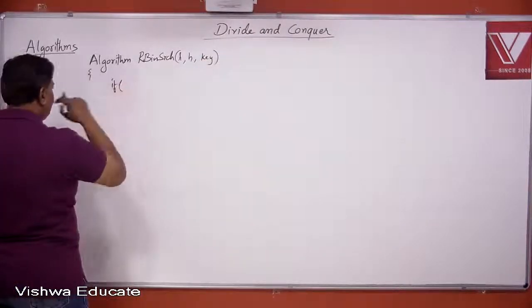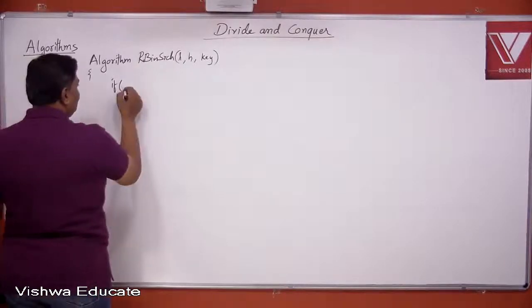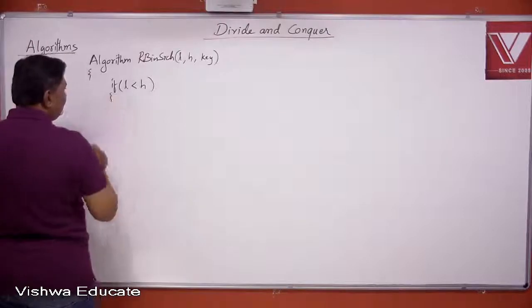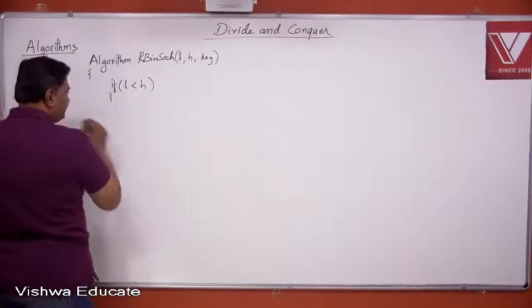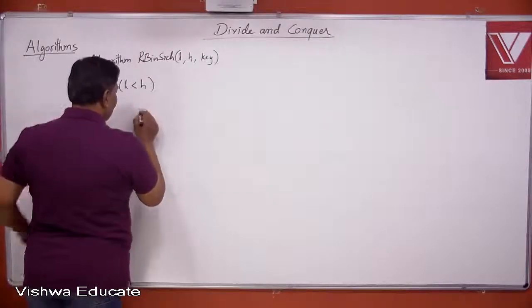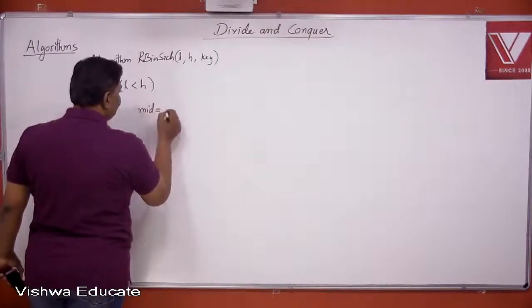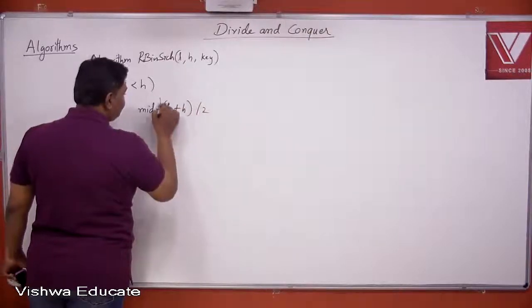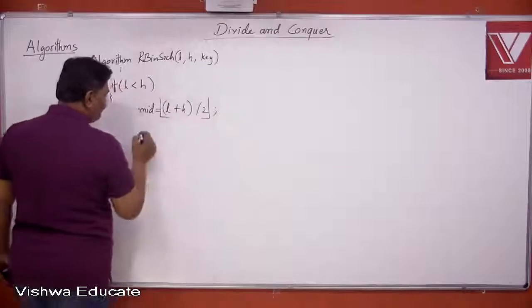If low is less than high, then only continue. Find out mid as low plus high by 2, and this is the floor value.